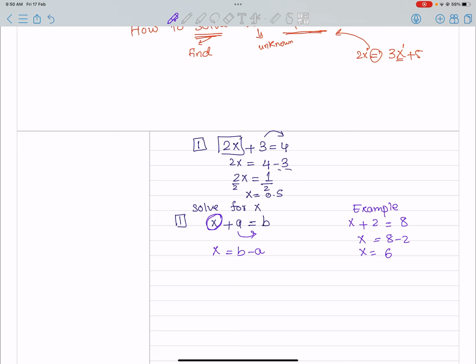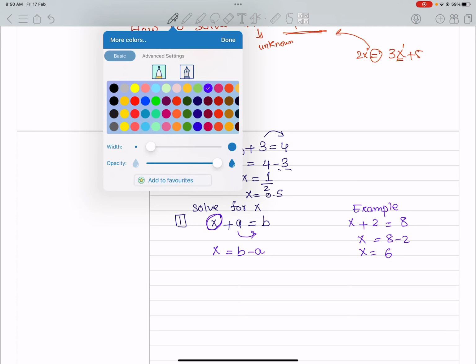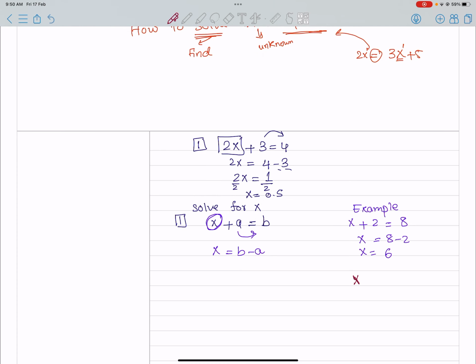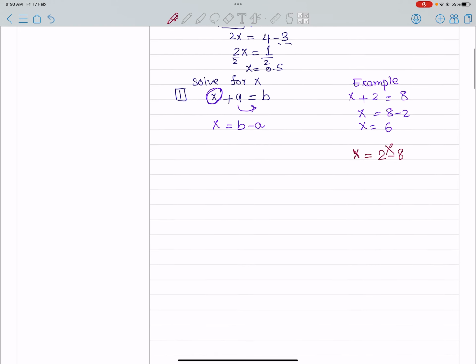Like, for example, they write it like this, which is wrong. They write it like this: x is equal to 2 minus 8. This is wrong. You have to transfer 2 at the end, not at the beginning. Don't keep it in the beginning after equal. No, you have to transfer it at the end. Okay, this is about number one.